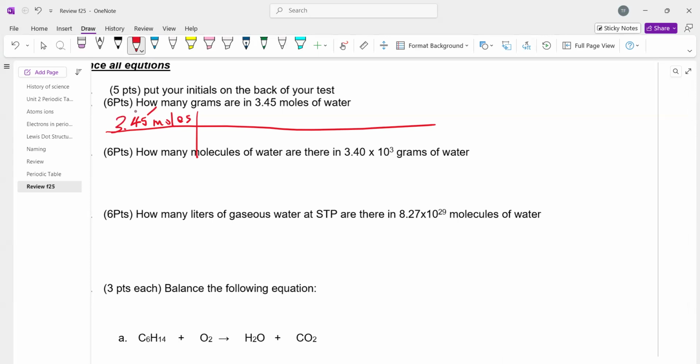Water is 2 H's, 1 oxygen, so that's 2 times 1 plus 16. Okay, so we put the grams on the top, so the moles cancel. And we're there. And we're looking at 3 sig figs.